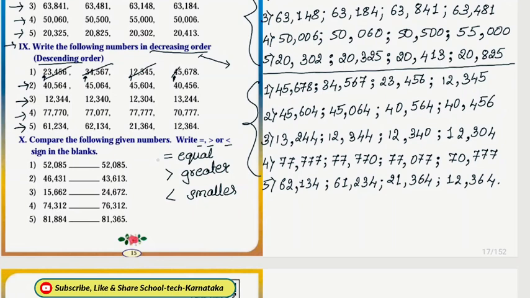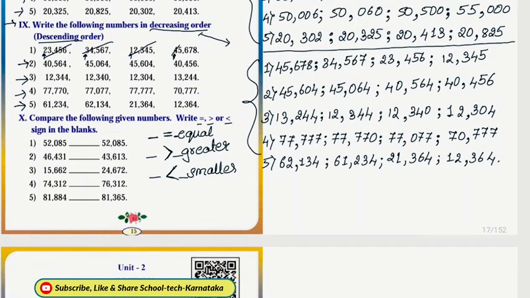That means the digits on left and right are equal. When the digits on left and right are equal, we write the symbol equal to. When the number on the left is greater than the number given on the right, we write this greater than symbol. And when the number given on the left side is smaller than the number given on the right side, we write this smaller than symbol. So let's try to write these symbols here.